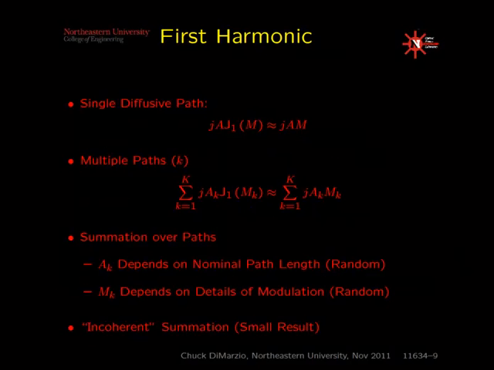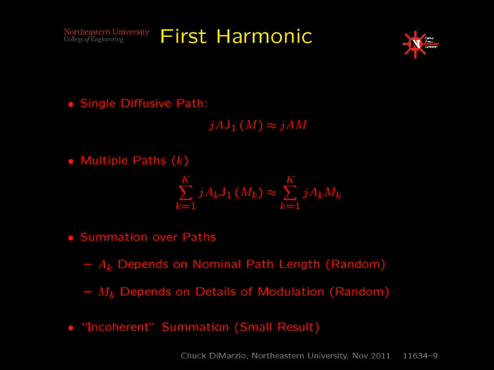So for a single diffusive path, here's the first order term, jAm. And for multiple paths, k, we need to sum over the multiple paths. Now the issue is that when we sum over multiple paths, A sub k is a random number. It depends on the optical length of the path from the source to the detector, which is millimeters, maybe more, and certainly many, many wavelengths, and is in fact a random number.